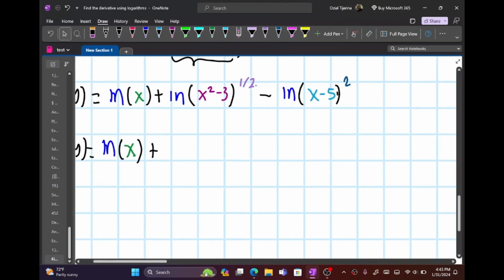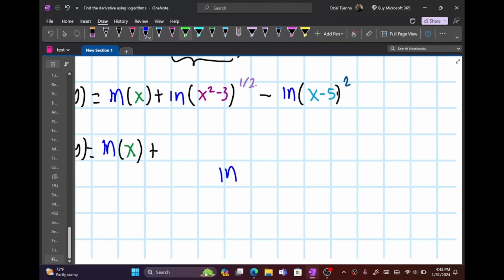So remember from the power property of logarithms, ln of a raised to the b power. This is supposed to be a b. And this is equal to, and I'm going to do it this way actually.